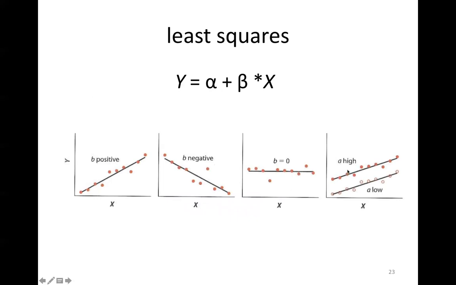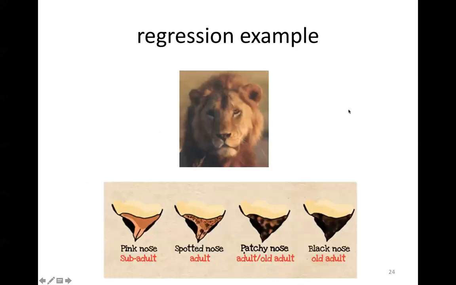And we already saw this relationship. Okay, and here we have an example in the book. It's a regression example where people had observed that as male lions get older, their nose goes from pink to black, and the older the lion, the blacker the nose. And so based on this, the question is, can we predict the age of a lion?